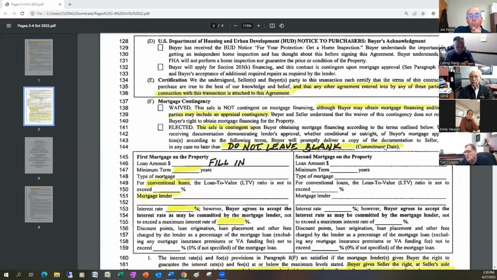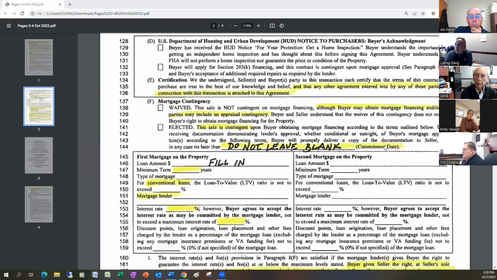That happened one time when I had a seller who wanted to back out. And I said, sir, you can't back out. Okay. But let me look at the contract and let me see if there was a way. Okay. And I looked through the contract, and sure enough, that date was blank.